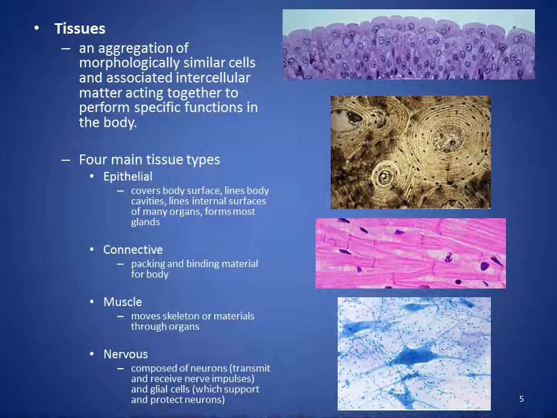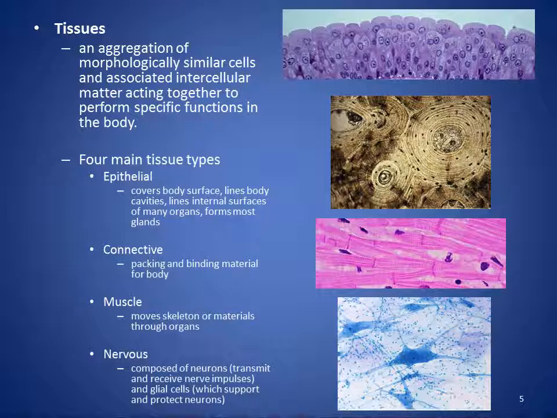Connective tissue is the sort of tissue that binds structures together within the body. Muscle tissue helps move the skeleton, or it helps move materials through organs such as the gut tube. And then nervous tissue is composed of neurons, the cells that transmit and receive nerve impulses, as well as supportive cells that help protect neurons, known as glial cells.